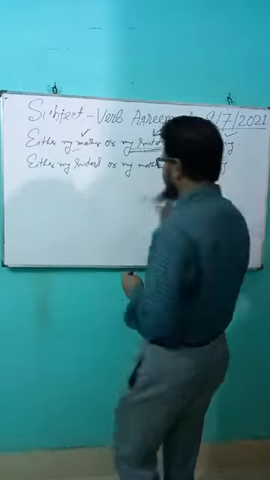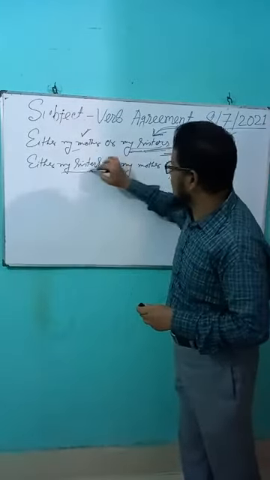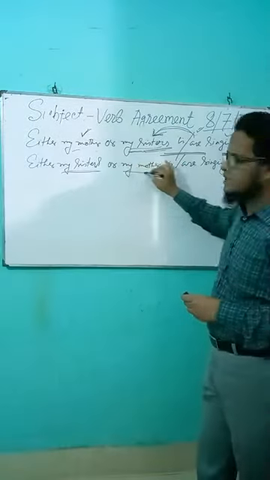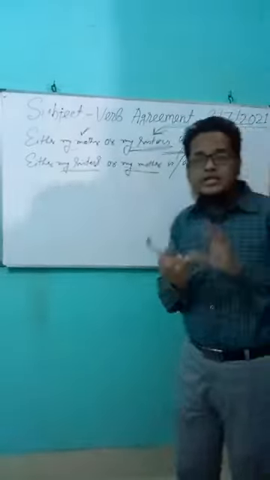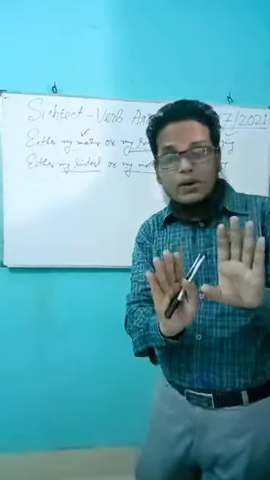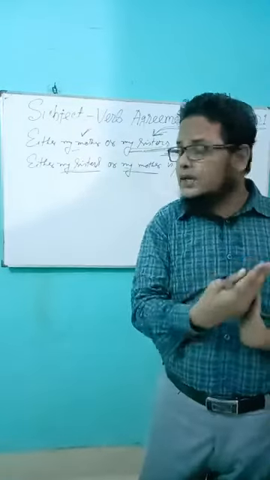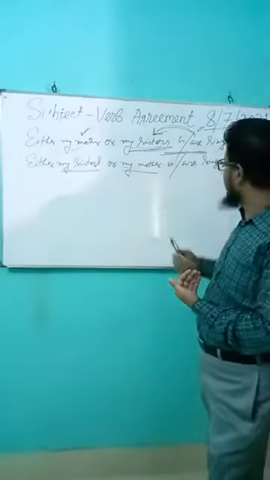Have a look. Either my sisters, this subject is plural, or my mother is singular, and that's why the verb must agree with the subject closest to it. Verb must agree with the subject closest to it. So is or are singing, which one will be correct here?